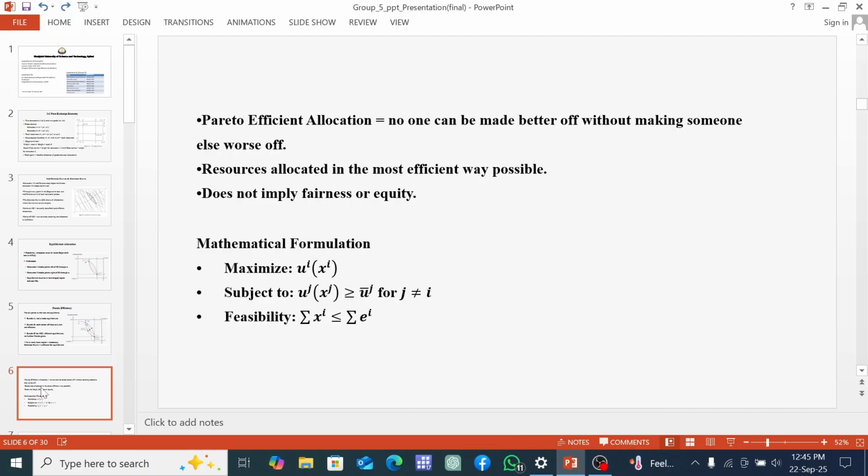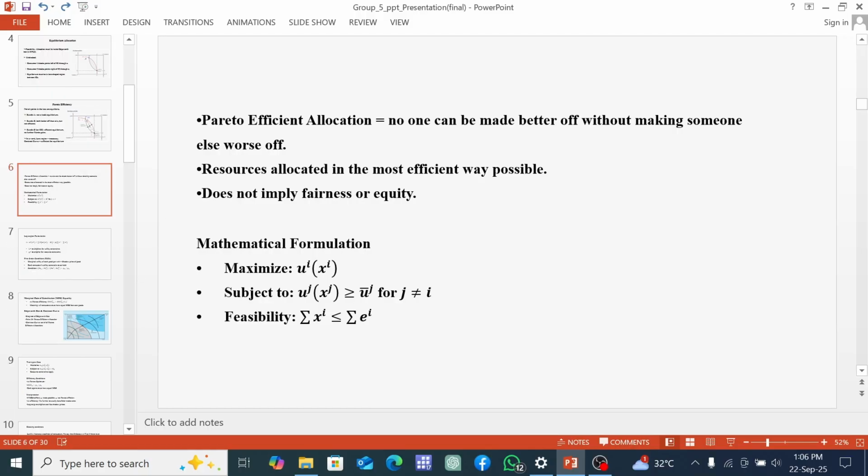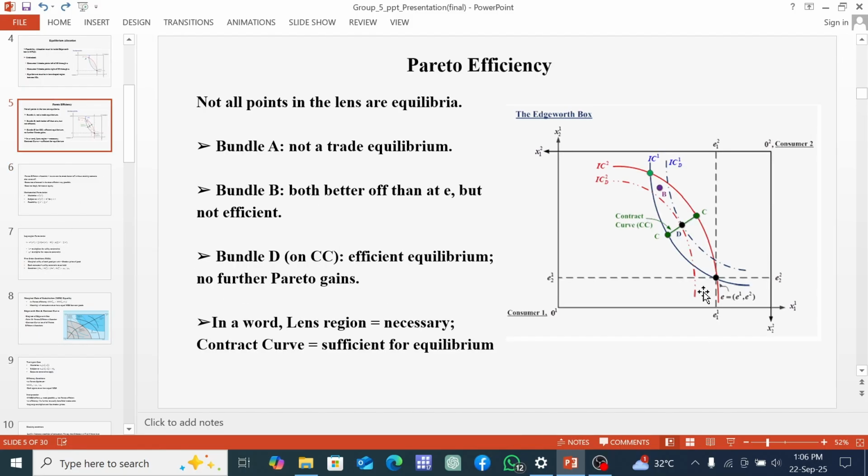Okay. So here, Pareto efficient allocation equals no one can be better off without making someone else worse off. We have seen this condition here, that it is the Pareto efficient point, because from this point it is not possible to make someone better off without making the other worse off, right?